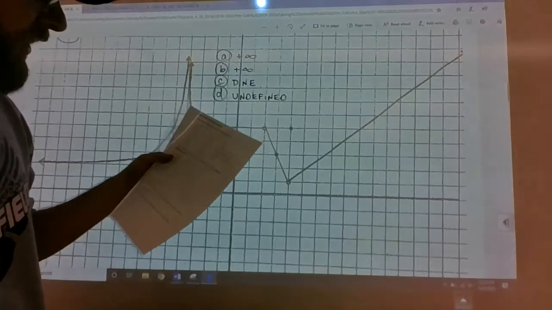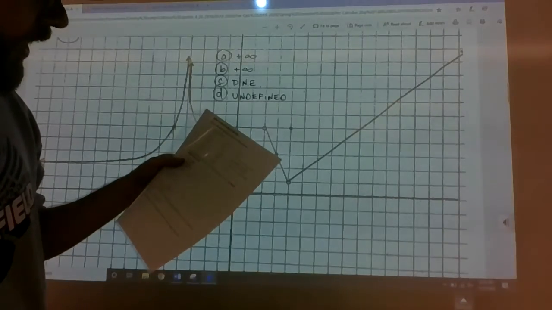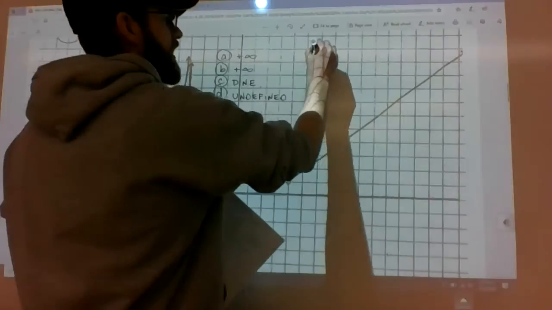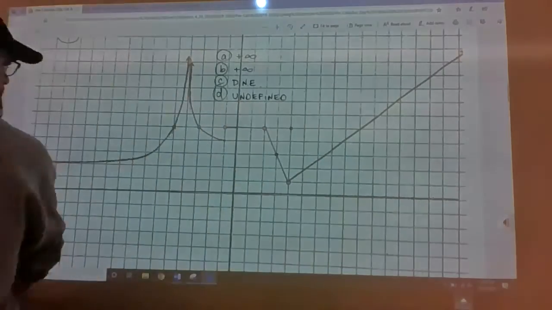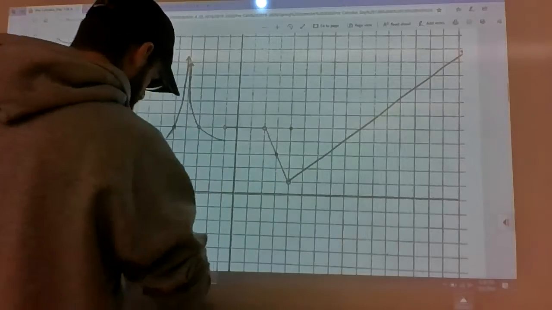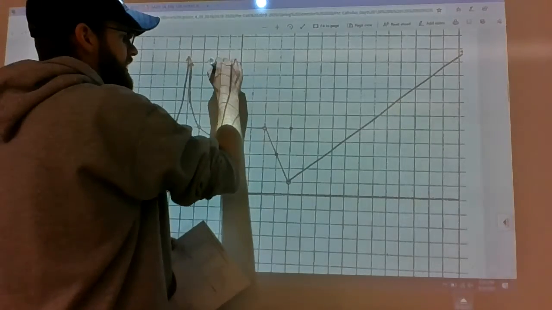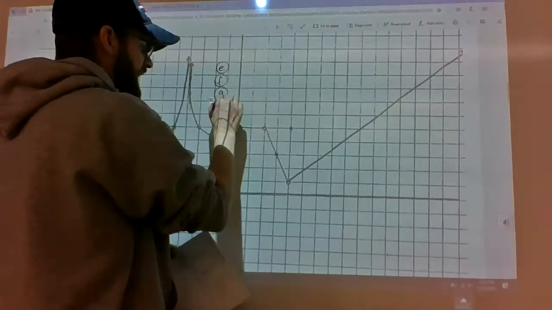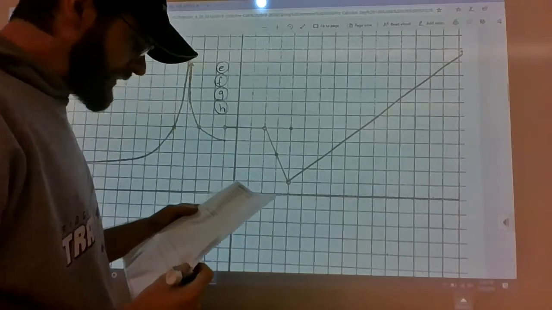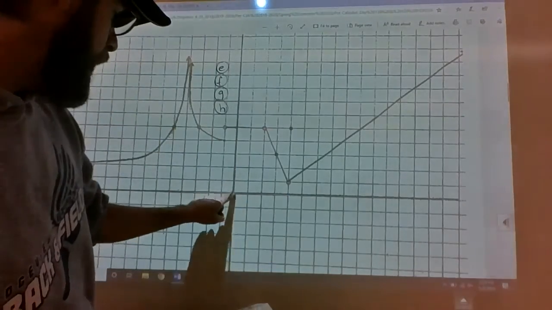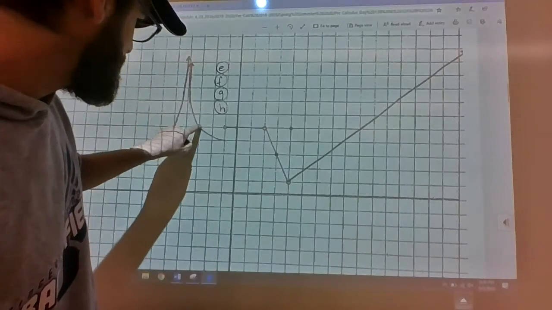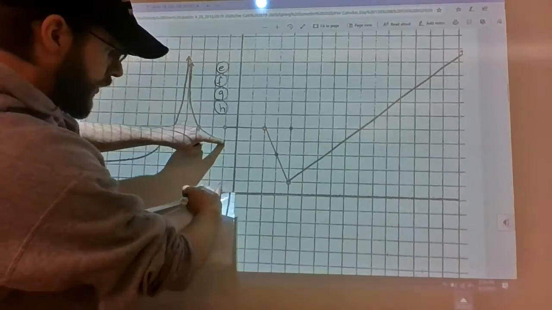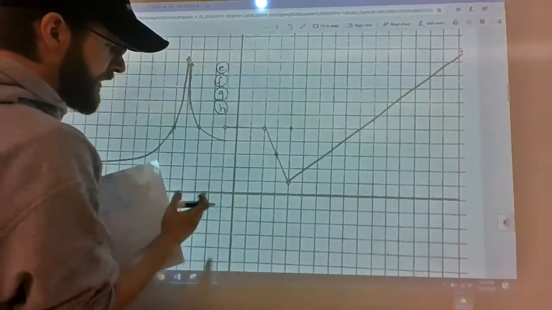The next one is all about -1. Let's erase this. So, E, F, G, H. What's the limit as x approaches -1 from the left? Well, from the left it's going to be at 1, 2, 3, 4 units above the x-axis.